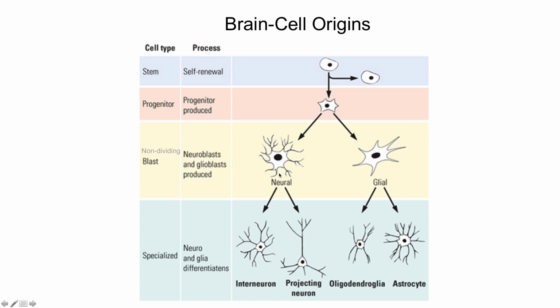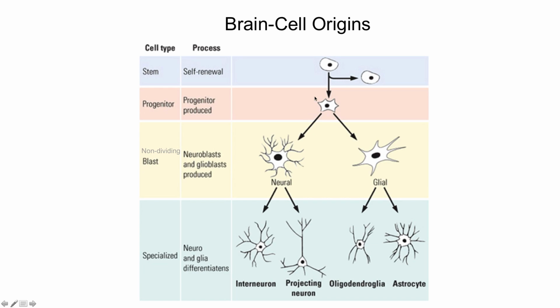Later on, they can get fully specialized into different types of neurons or different types of glial cells. Again, the difference between neurons and glial cells is that glial cells help out, and neurons are the information processing cells. So they contain all the information.